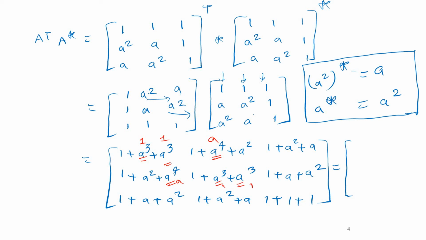Another relation we know: 1 plus a plus a square is equal to 0. Now, 1 plus 1 plus 1 is 3. 1 plus a square plus a is 0. 1 plus a square plus a power 4, which is a, is also 0. The a cube value is 1, so it is 3, and the others are 0, 0, 0. Finally we got 3.